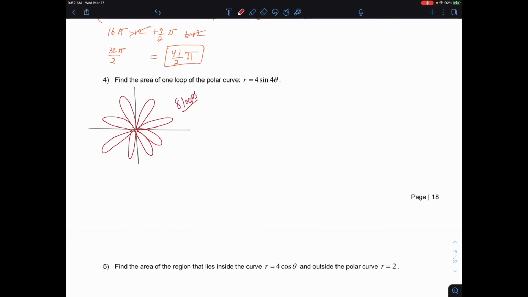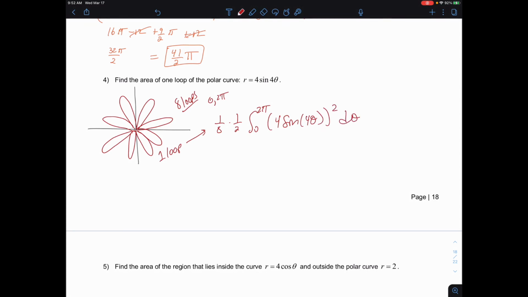And remember, I only want one loop of this. So we're going from 0 to 2 pi to do the whole thing. So I could use 1/8 for one loop, right? So that gives me one loop. So 1/8 times 1/2, the integral from 0 to 2 pi of 4 sine of 4 theta squared d theta.